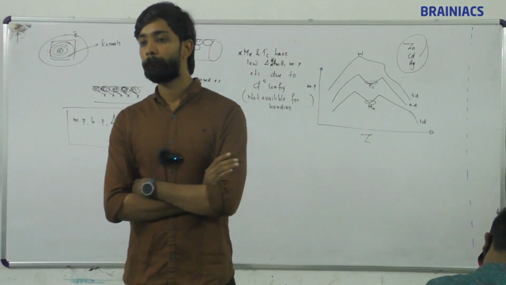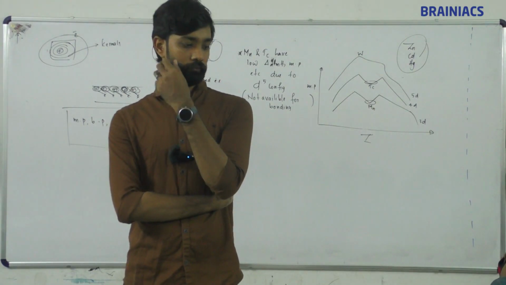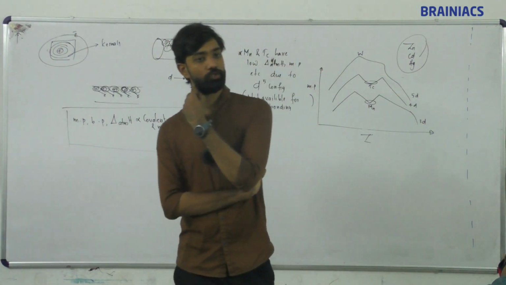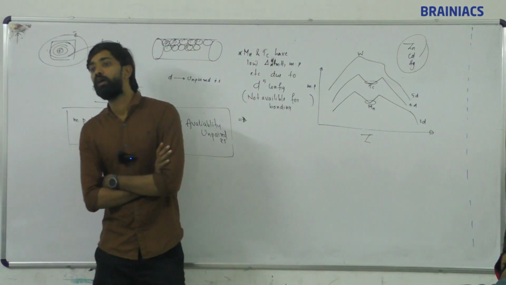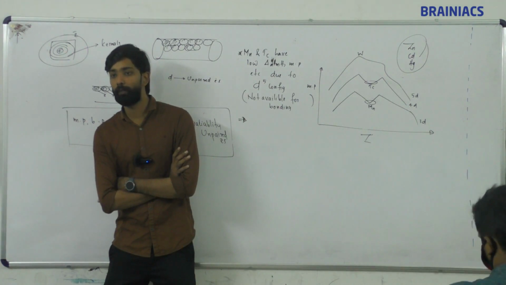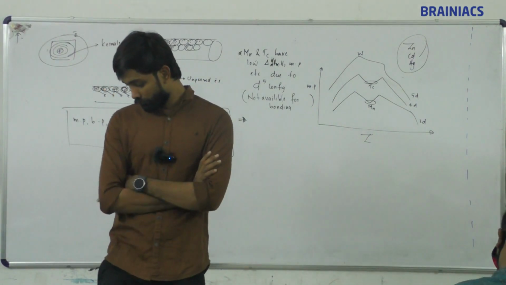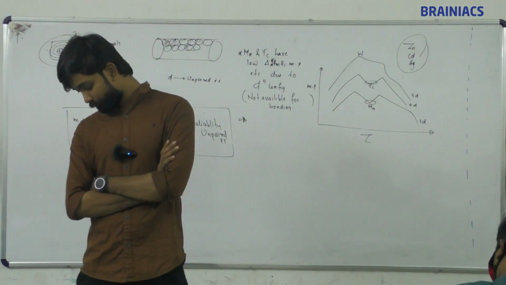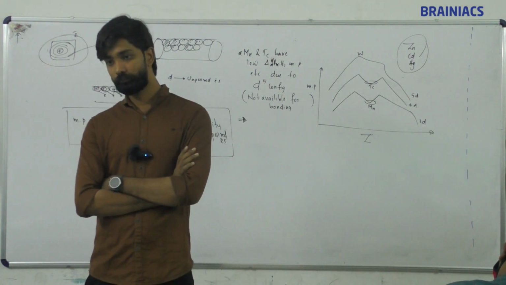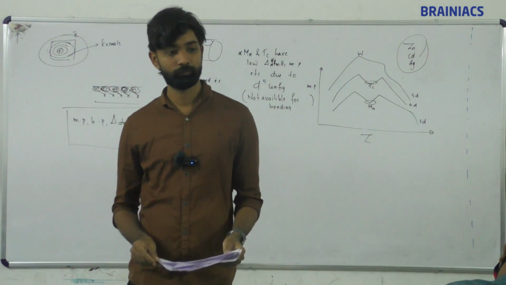Transition metals show high magnetic property based on the presence of unpaired electrons. So the first point: they can show paramagnetism or diamagnetism.